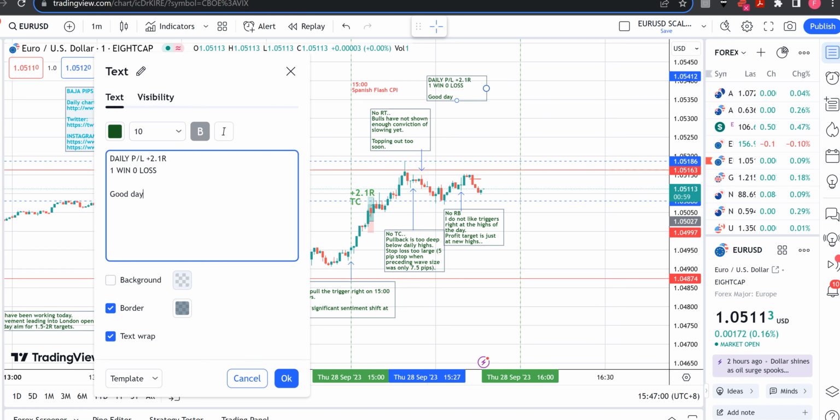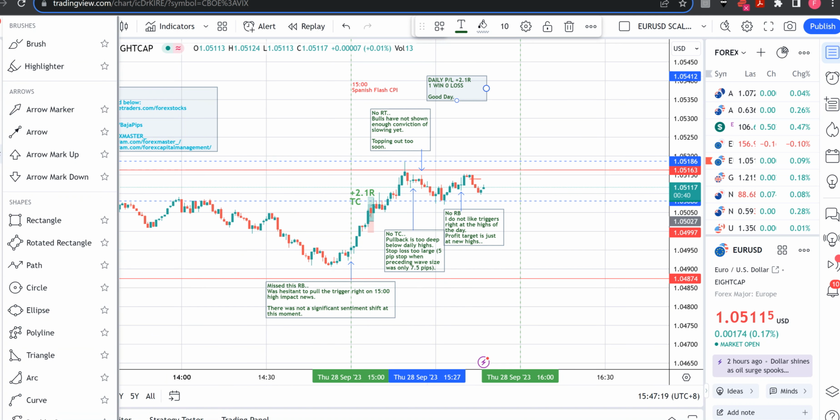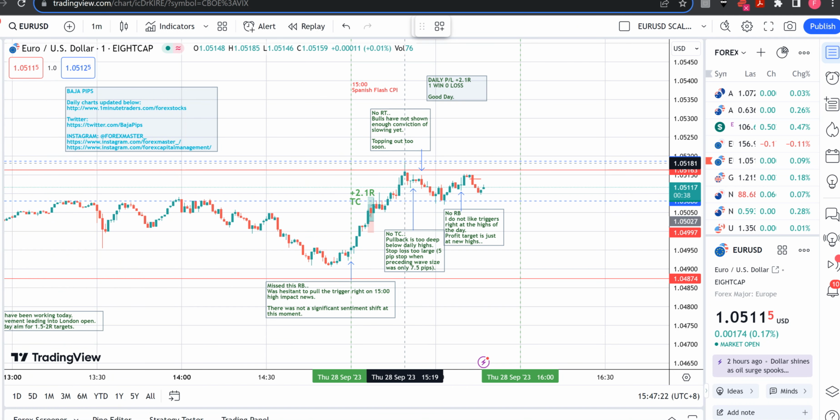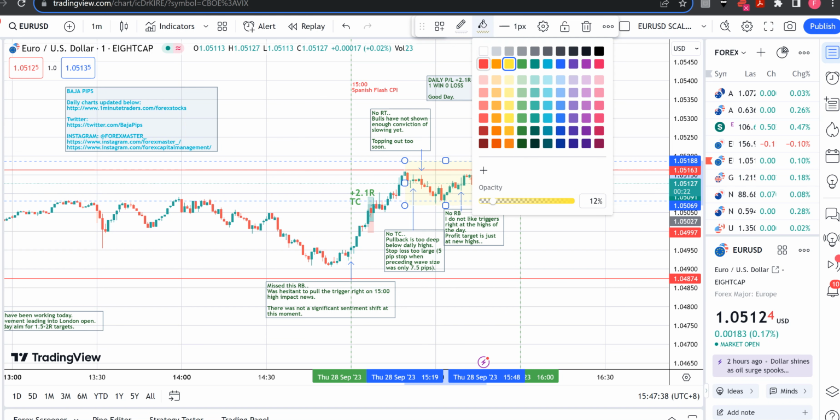All right. Good day. Mark this up here. I'm going to make that larger soon. Then I'll mark off a couple more things. Rectangle area, pretty much right here at daily highs. Artwork, y'all.